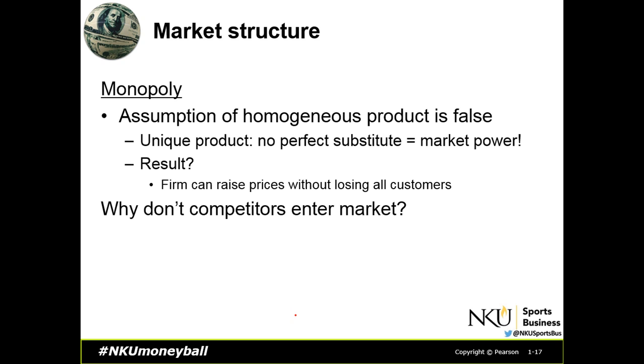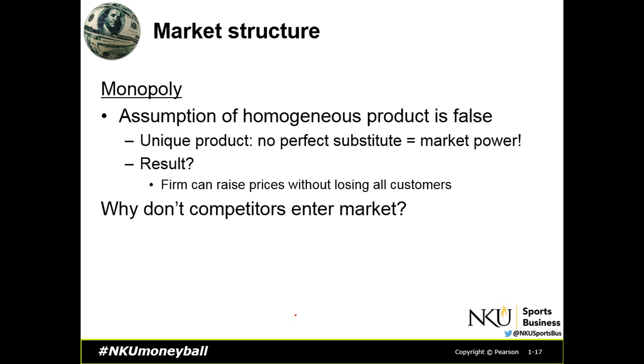But they would not lose all their customers because their customers have no other producer to go to. So certain customers would stick with that producer. If it was perfect competition and a firm raised their prices, all their customers would go to the competitor that had the same product in the same marketplace. A firm would lose all those customers, but that doesn't happen here.